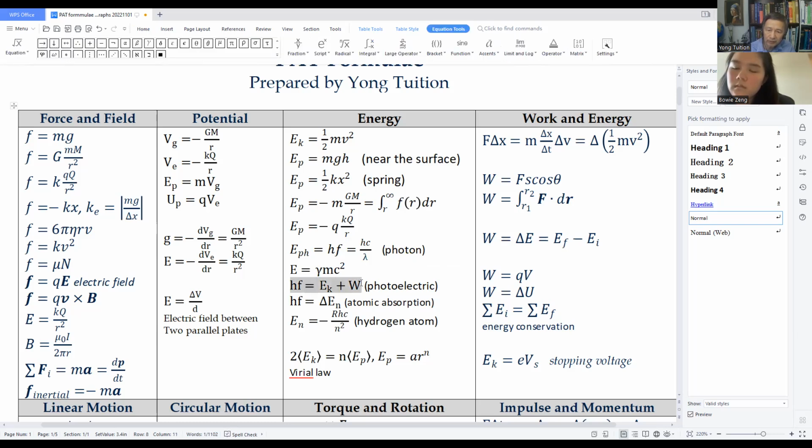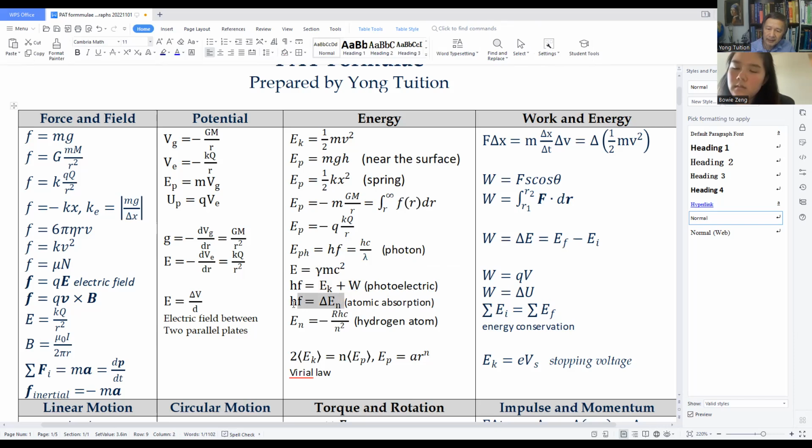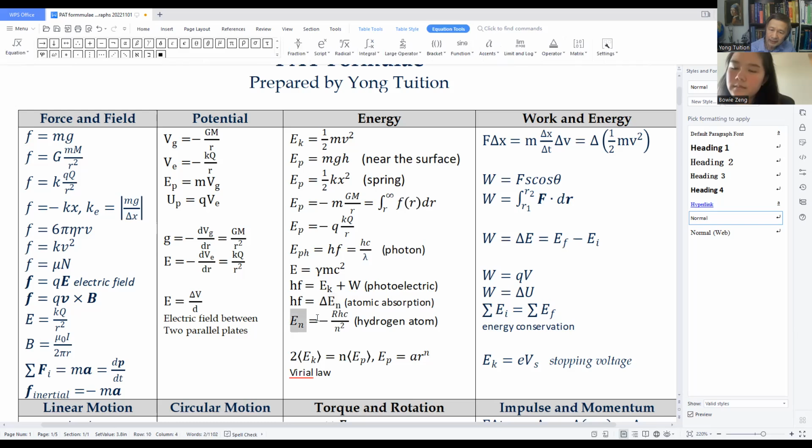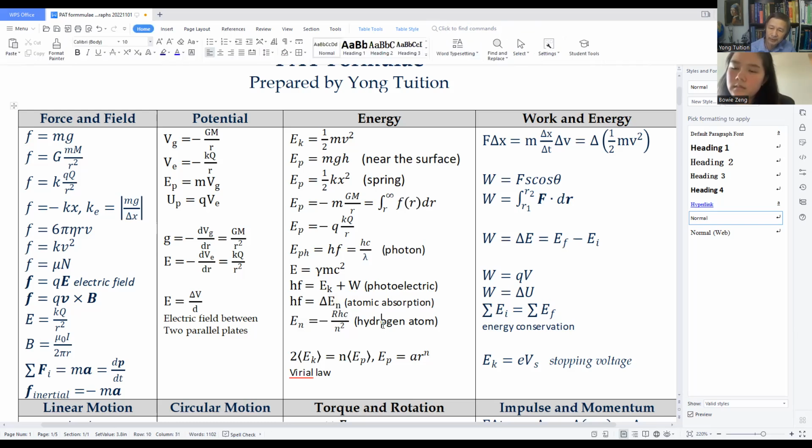This one represents the photoelectric effect. I noticed that in the past, they asked about the photoelectric effect twice. And this second formula deals with atomic absorption, where the energy is the hydrogen atom energy. Can you see the formula, right?